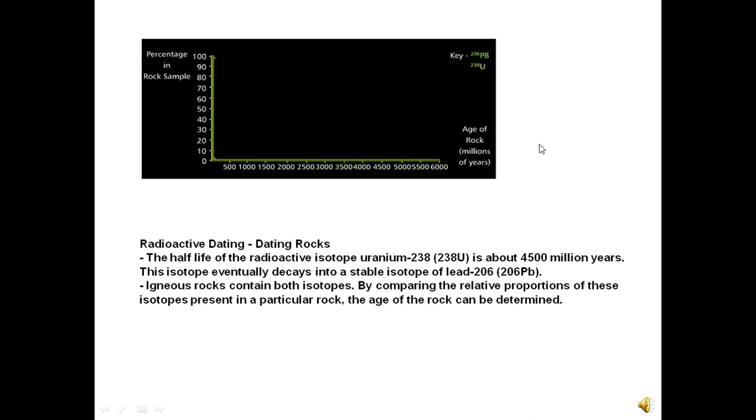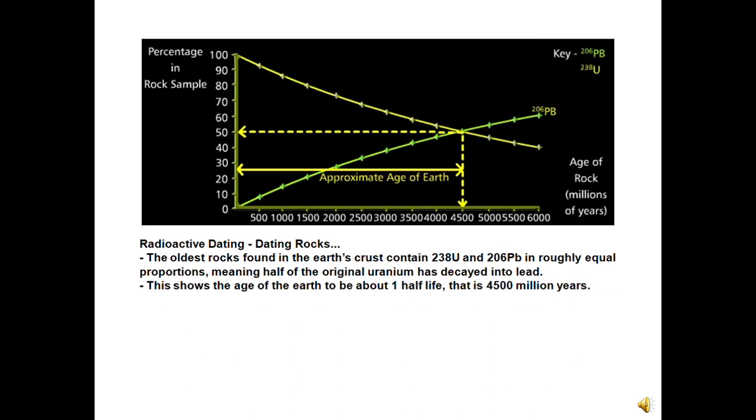So you can tell from knowing the concentration of uranium-238 that you would expect and knowing the concentration of lead that you have, you can work out how long it's been since that rock was formed. And there you go. So as the concentration of lead rises and the concentration of uranium falls, you can work out the age of the rock.